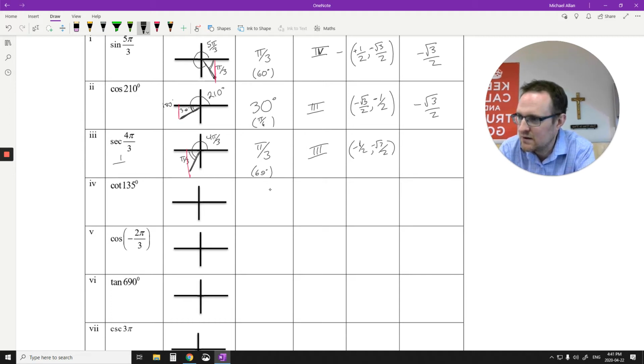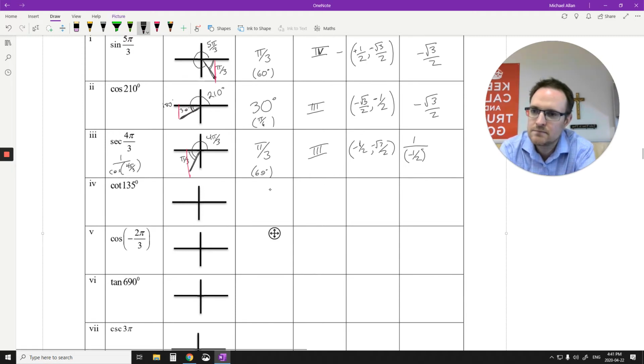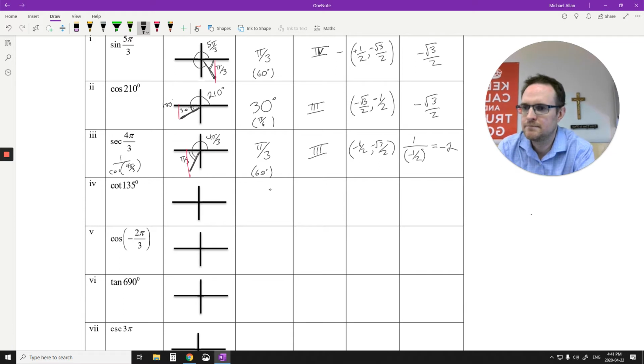So this is 1 over cos 4 pi over 3. So first of all, let's find out what cos is. Cos 4 pi over 3. Cos is the x value. So this will be 1 over the cos value. So this is going to be 2. Oh, negative 2, I should say. Negative 2. There you go.